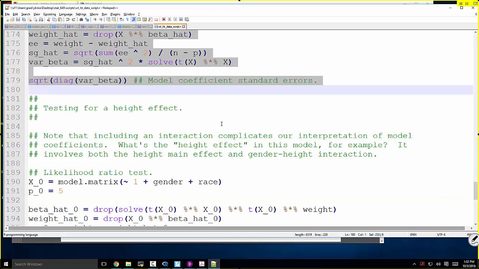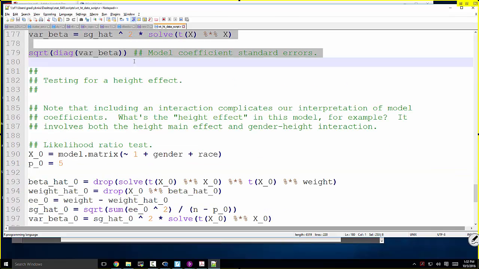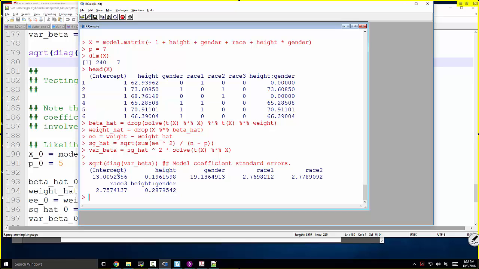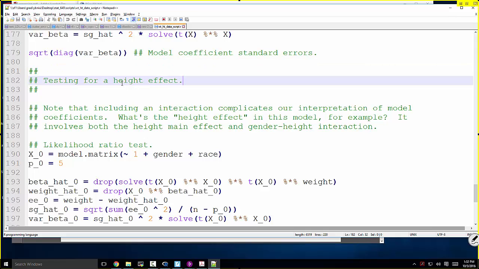Now let's see why a likelihood ratio test is useful. With the model that we have written down, we have an intercept, a height effect, gender, race, and also the interaction between height and gender. How would I then test for whether there is a height effect?